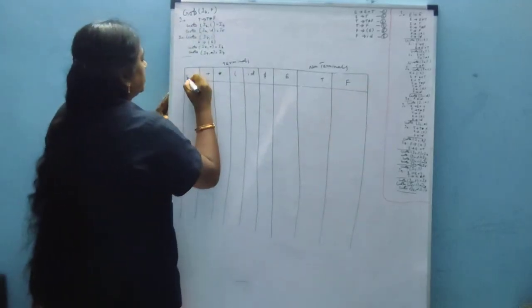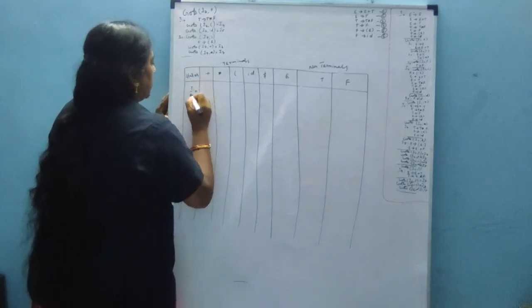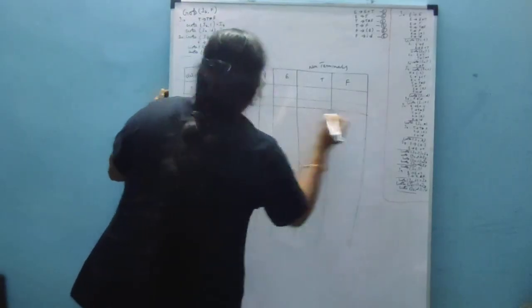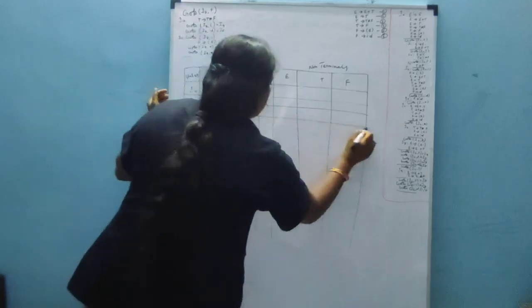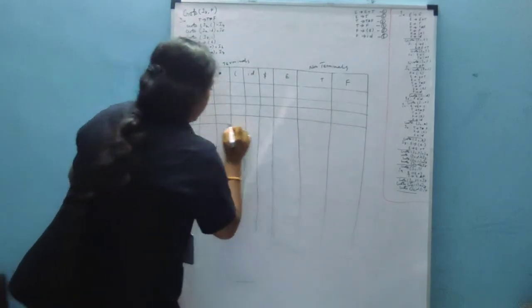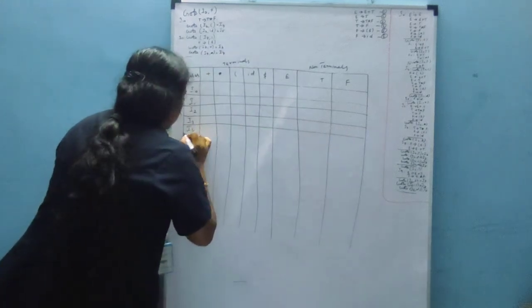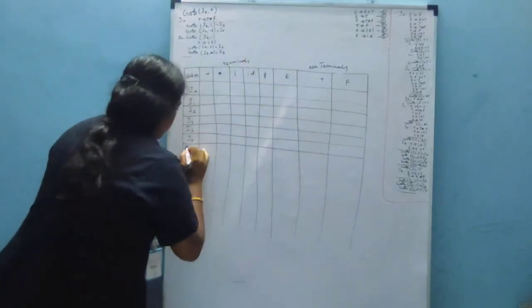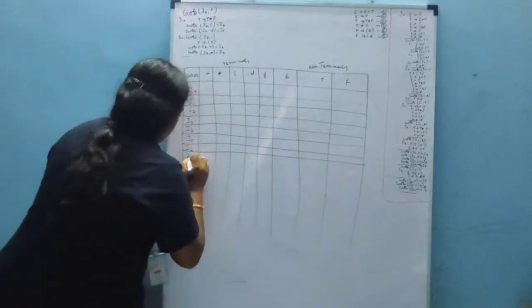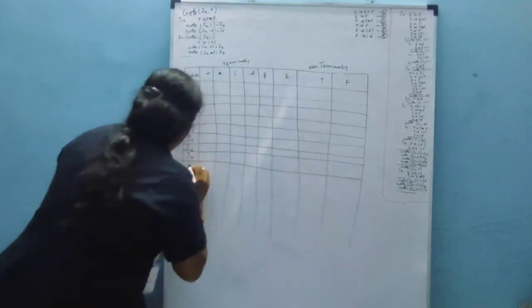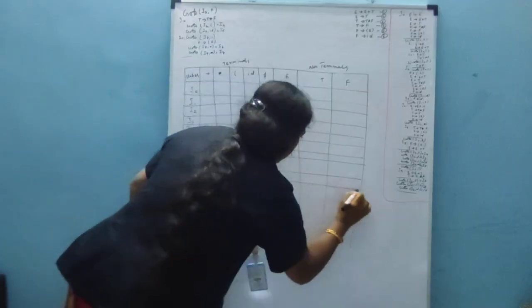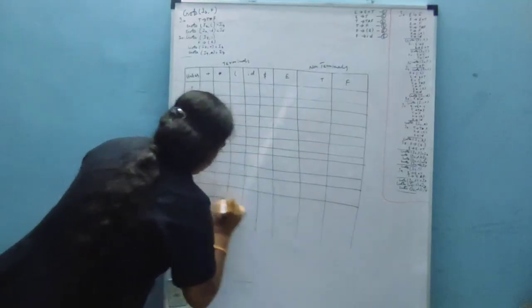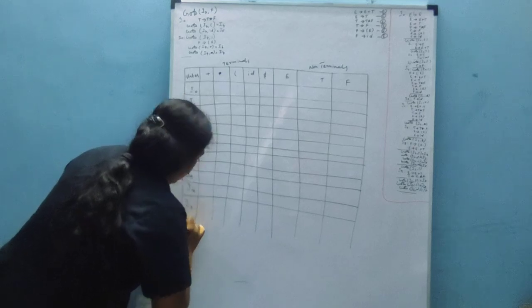Here the states: I0, I1, I2, I3, I4, I5, 6, 7, 8, 9, 10, and then 11.